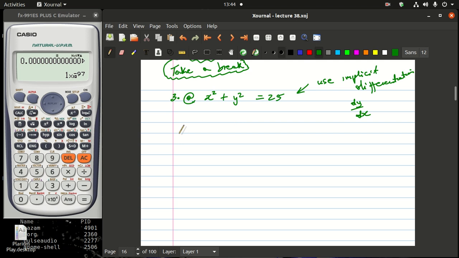So what we can actually do here, we take the derivative with respect to x on both sides. So we get dy dx of 25. What is important here, if this function is equal to that, then the derivative of this should be equal to that at every particular point.